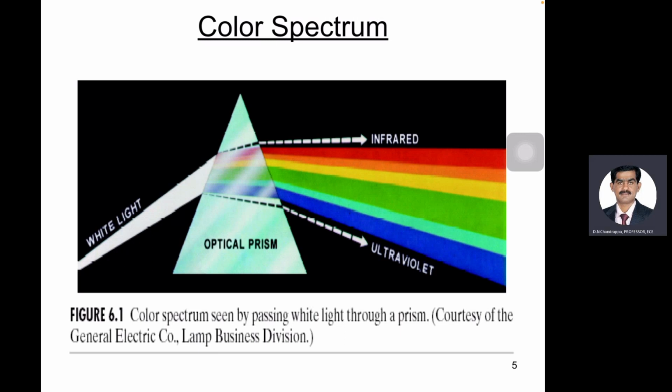These wavelengths comprise the visible range of the electromagnetic spectrum, from ultraviolet to infrared. So in between the ultraviolet and infrared is the visible spectrum. I think in the slide all these things are visible.